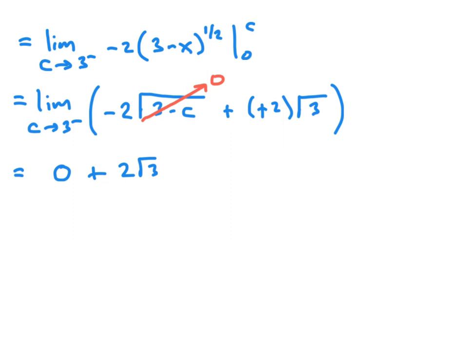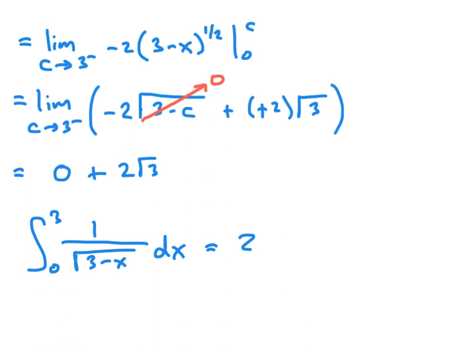And so our integral that we wanted to compute from the beginning, the integral from 0 to 3 of 1 over the square root of 3 minus x dx, is equal to the constant 2 square root 3. And so this is an example of an improper integral that converges to the value 2 square root 3.